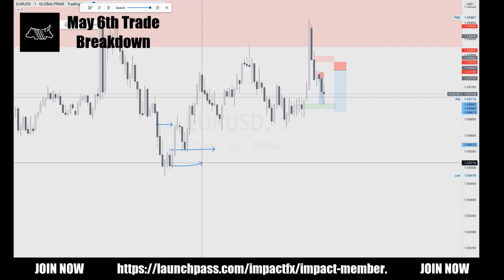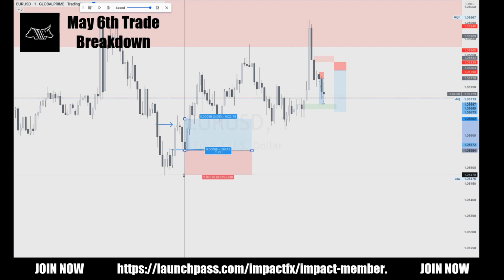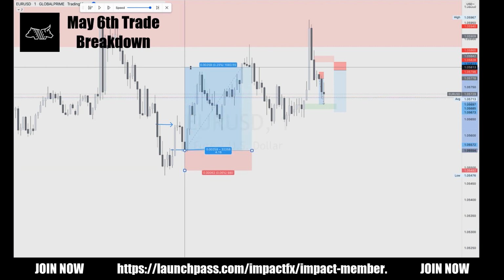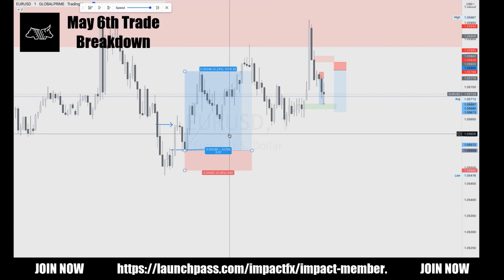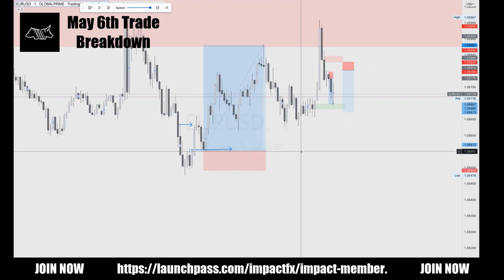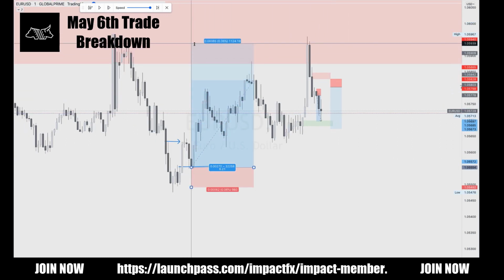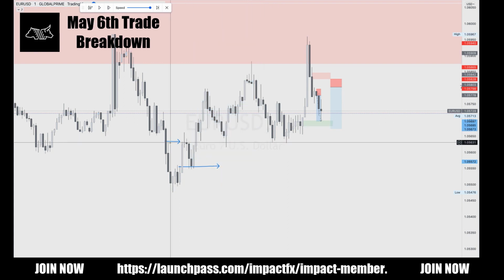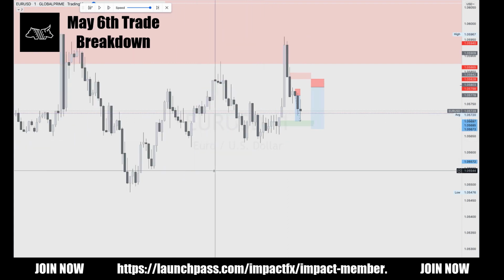That's a 1 to 4 or 1 to 5 RR trade on the 1 minute chart into the unmitigated OB. There's a 1 to 4. If it went higher, there's a 1 to 5. This ended up going all the way up to here. There's a 1 to 6. It's the same concept, okay?